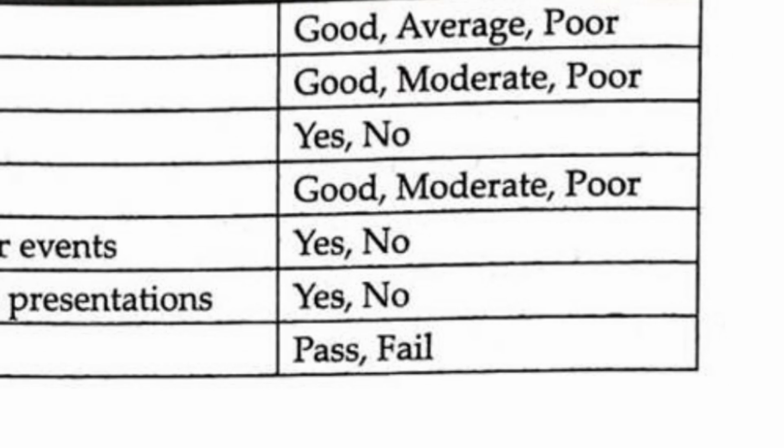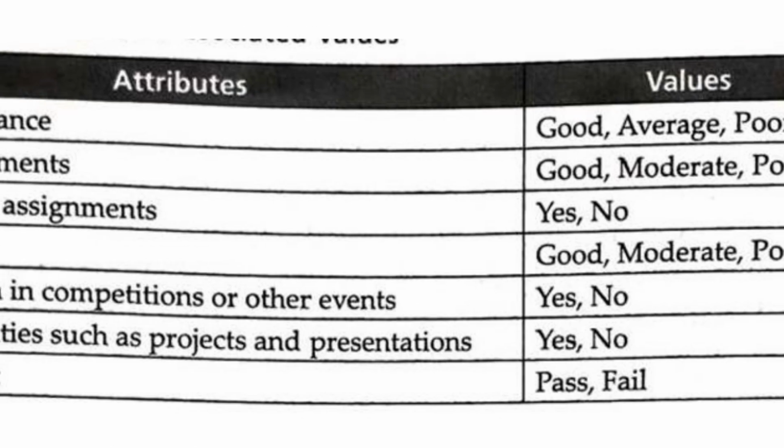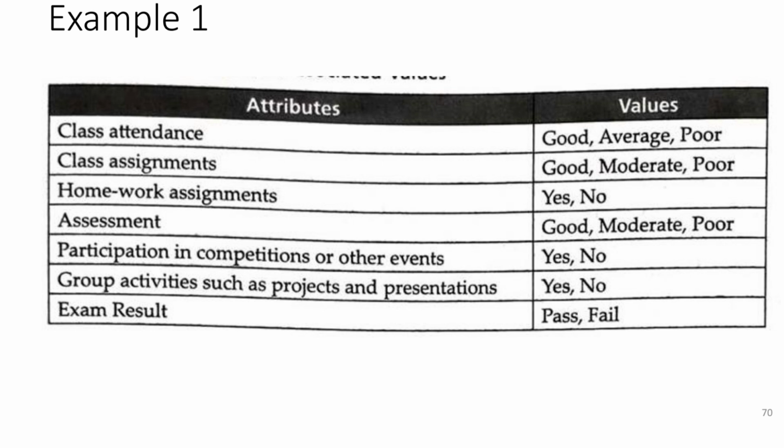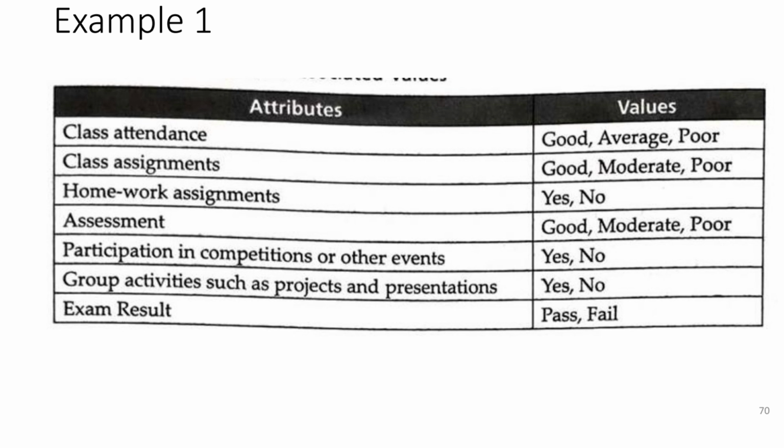We'll take a simple case of student performance in the exam. Class attendance has varieties of values like good, average or poor. Assignment quality is good, moderate or poor. The homework assignment is submitted or not.